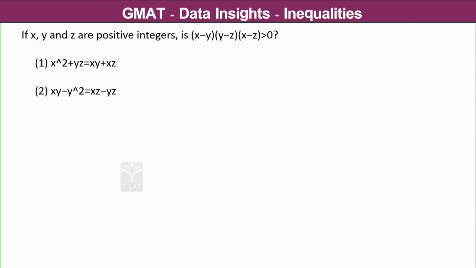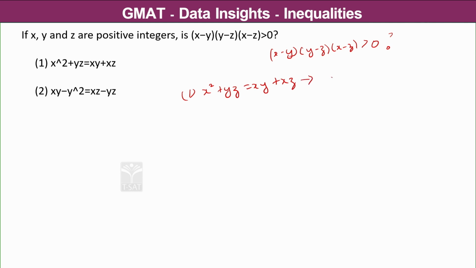X, y and z are positive integers. Is (x minus y) into (y minus z) into (x minus z) greater than 0? Okay, let's look at what the first statement says. First statement says that x square plus yz is equal to xy plus xz.